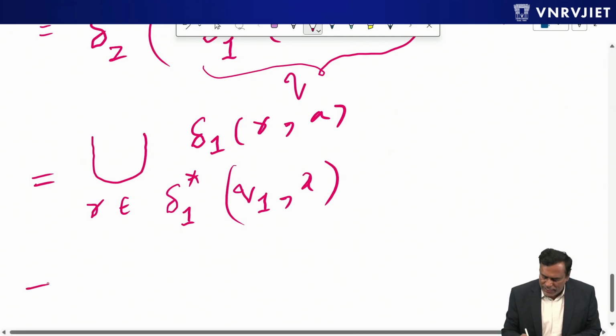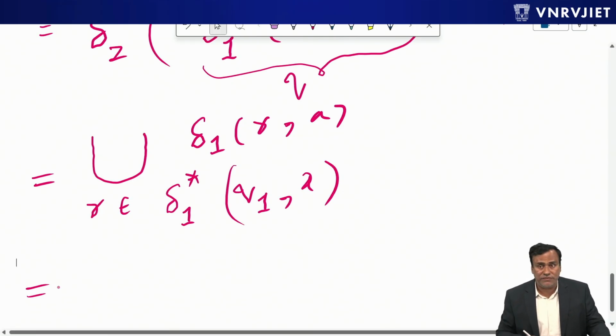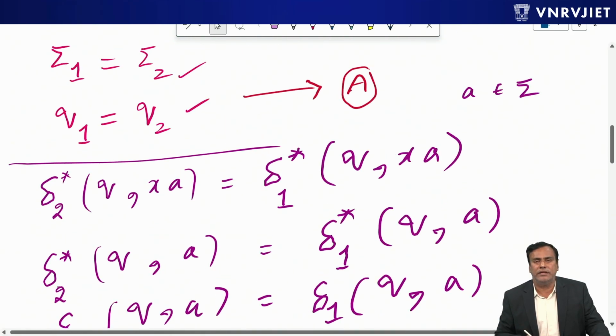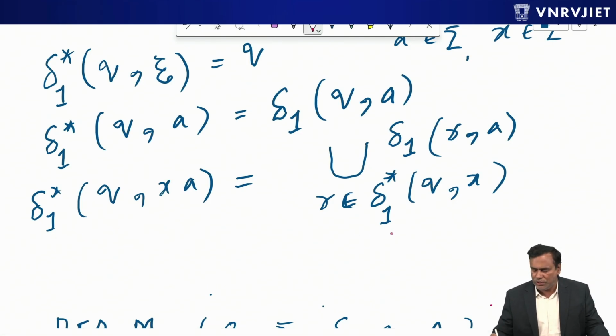This can be rewritten as what? You know from the standard definition of this NFA. In the very beginning, I have given it for the NFA. You can just recall that. See, delta 1 star of Q X A is equal to union of R belongs to delta 1 star of Q X, delta 1 of R A. In this form I'm going to rewrite that.